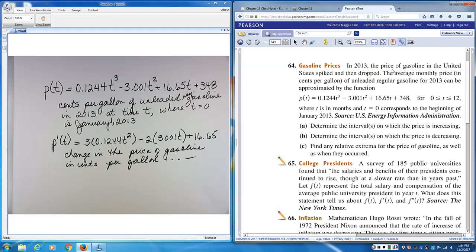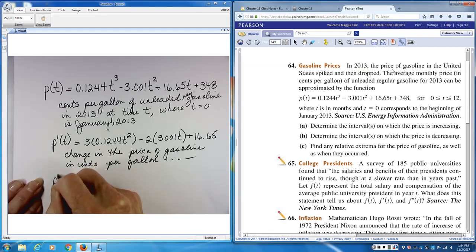We want to find when P prime is increasing, or when P prime is positive, actually.